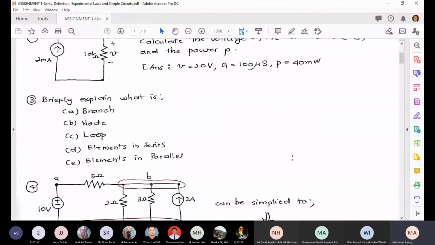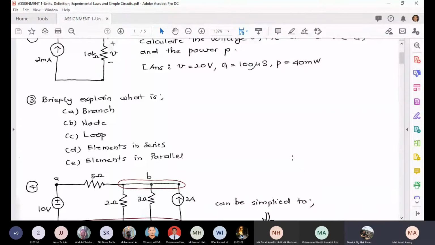Number 3, the one that you need to give the definition. What is a branch? A branch is any portion of a circuit with two terminals connected to it.